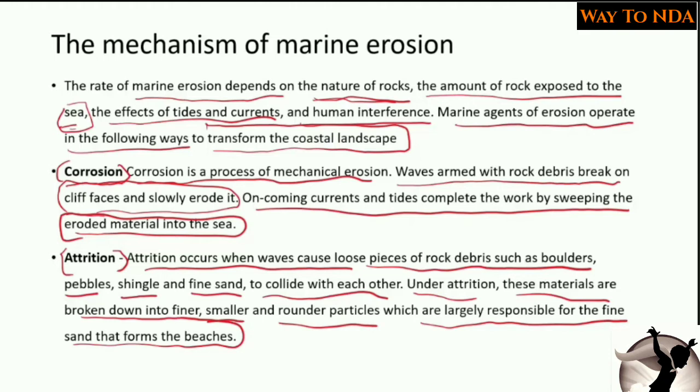So this is called attrition. That means the friction of the materials among themselves, and under this attrition they break down into finer, smaller, and rounder particles. Finally these smaller, rounder, and finer particles are deposited on the coastline as the beaches.